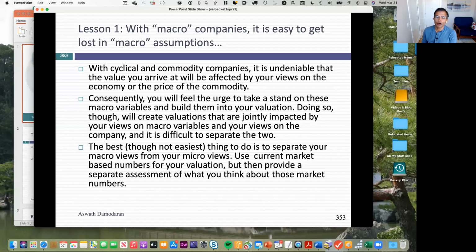And here's why you don't want to mix what you think about a company and what you think about oil prices. If you're really, really good at forecasting oil prices, should you even be valuing ExxonMobil or Royal Dutch? It's a far easier way for you to make money, right? If you're really good at forecasting oil prices, what should you be doing to make money off of that?